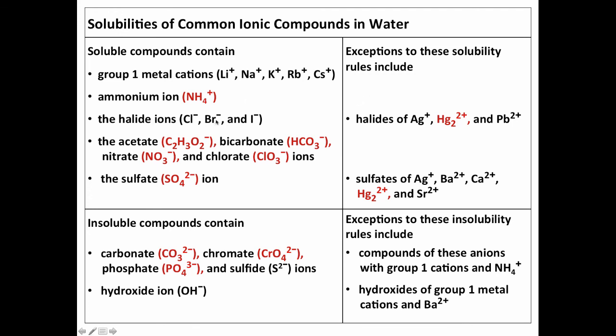Halides, so chloride, bromide, iodide, are mostly soluble. Most compounds containing these are soluble, but exceptions are things like halides of silver ion or mercury 1 ion or lead 2 ion. So normally we'd expect iodides to be soluble, but with lead they're not.